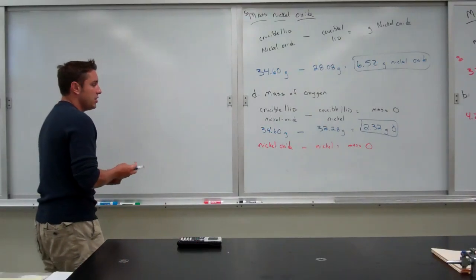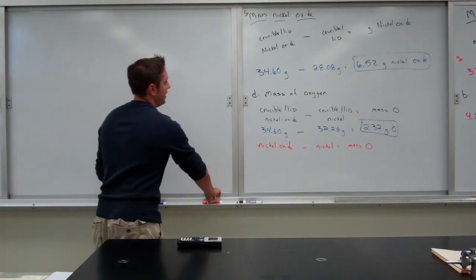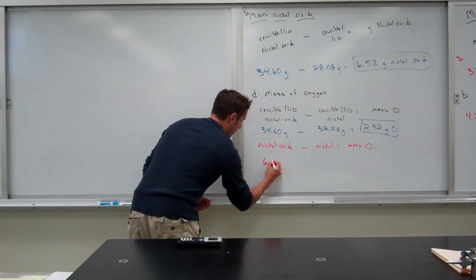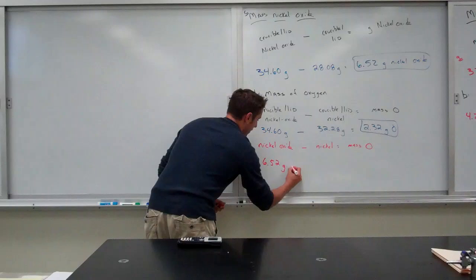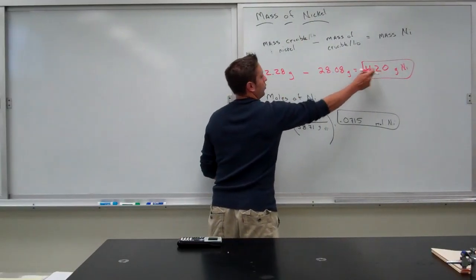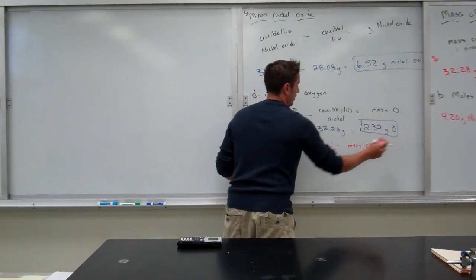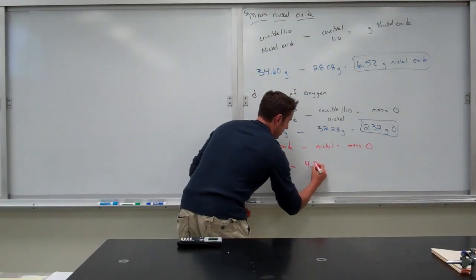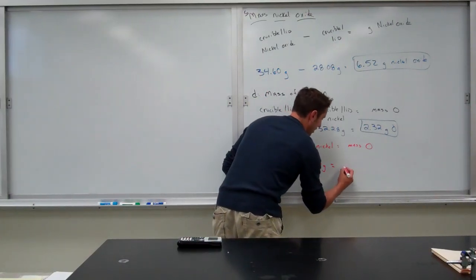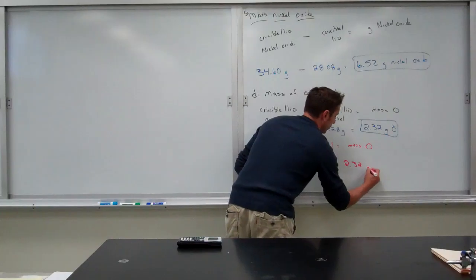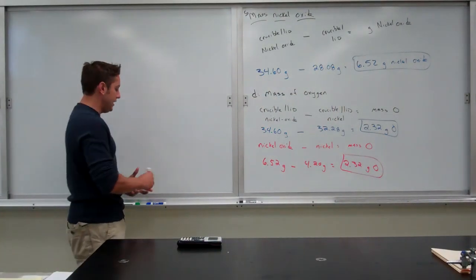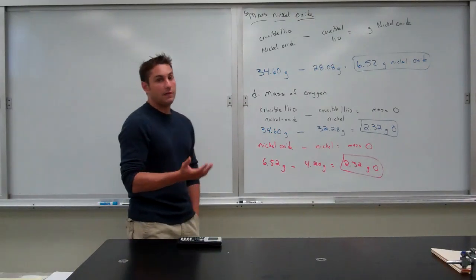If I do the same thing using our alternate method, the nickel oxide was 6.52 grams minus the nickel, which was 4.20 grams, and no surprise here, ends up being 2.32 grams of that. So both of those ways are perfectly legitimate for getting yourself your mass of oxygen.